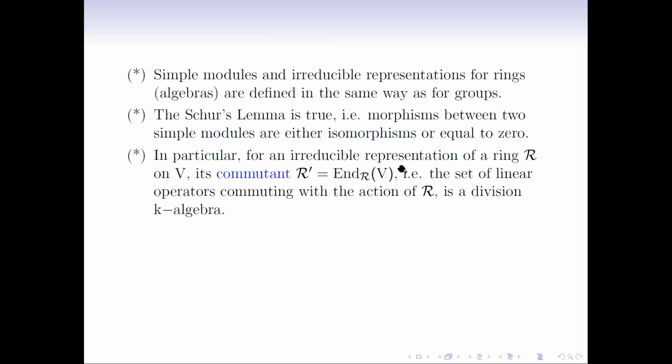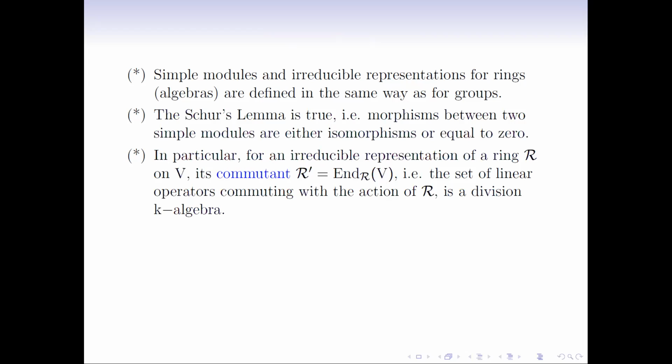In particular, if you consider an irreducible representation of a ring on V, its commutant, the set of endomorphisms over K of V which commute with the action of R, which we denote endomorphisms over R of V, is a division K algebra. Indeed, if an endomorphism is not invertible, then it has a kernel which must be a submodule. The submodule should coincide either with the whole V or be zero.